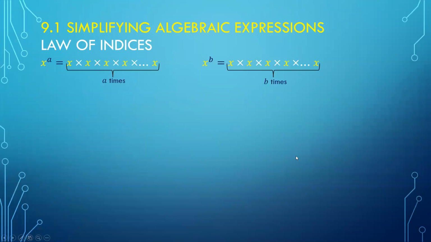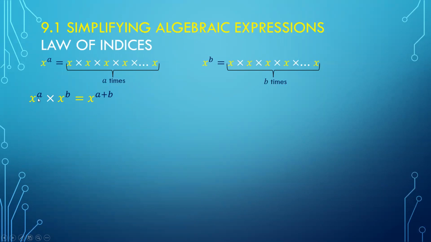Okay, firstly, let's revise the law of indices that we have learned in chapter 1. Imagine if we have x power a, meaning to say we are going to times x, a times. And if we have x power b, we are going to times x, b times. All right? So the first law is like that.